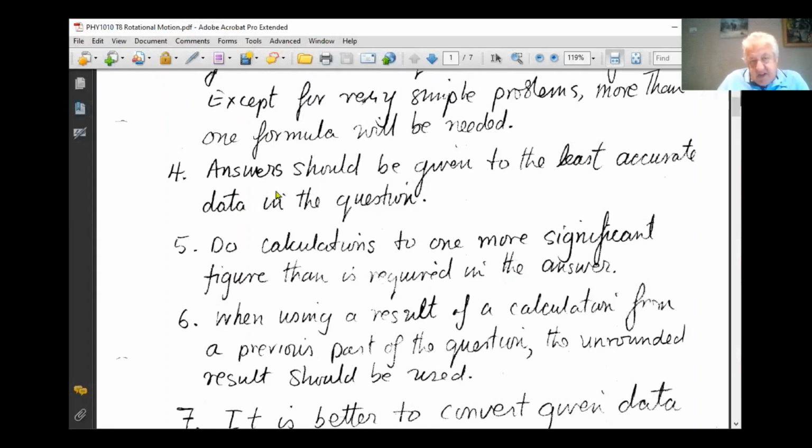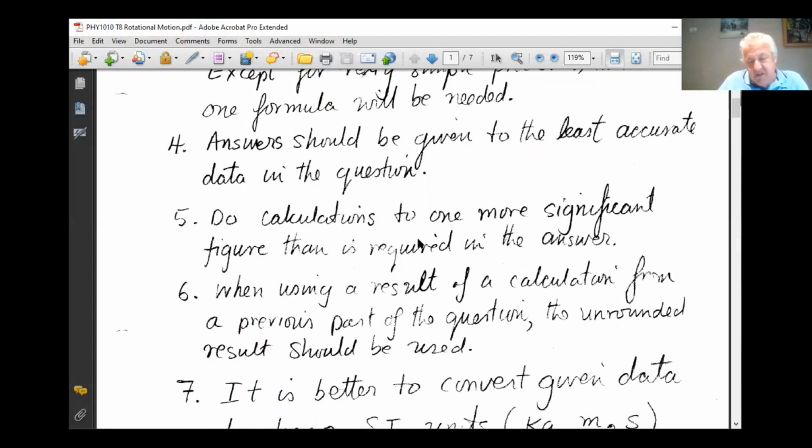The general rule is answers should be given to the least accurate data in the question. So if your least accurate data is 2 significant figures, you should give your answer to 2 significant figures. If you have other data which is more accurate, 3 or 4 significant figures, you ignore that. You give your answer to the least accurate of the data in the question.